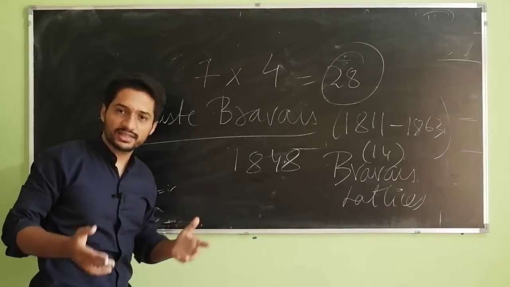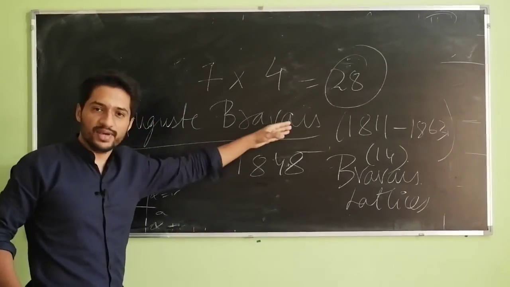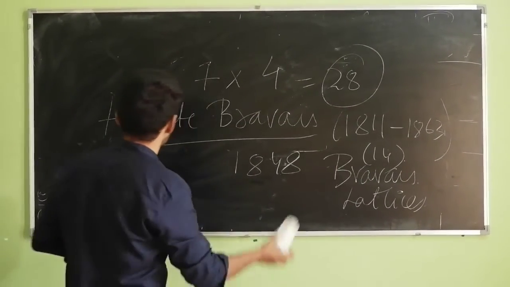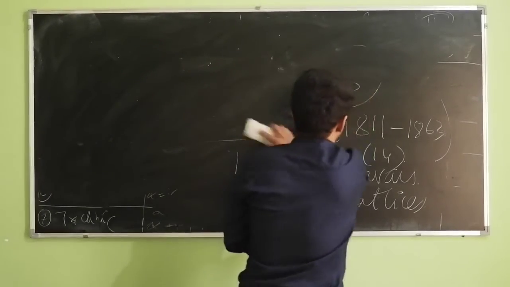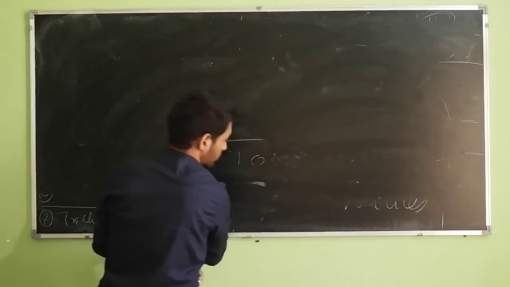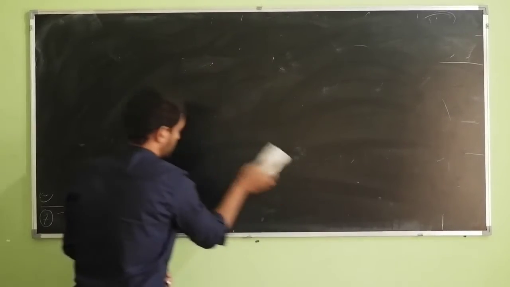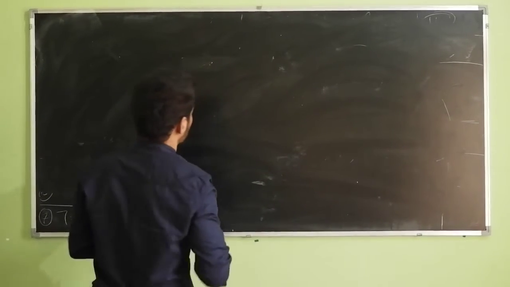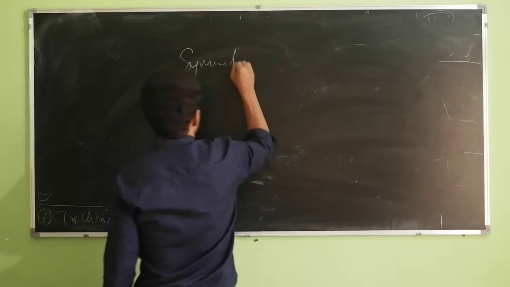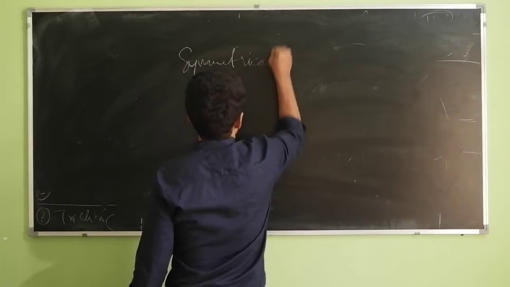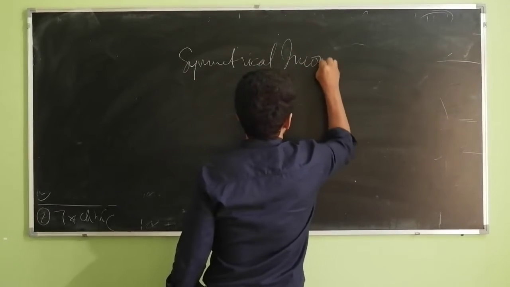It's not Bravais with an s. It is Bravais. Alright. Simple. Perfect. So why only 14? That's the bigger question. So the answer to that is symmetrical incompatibility.